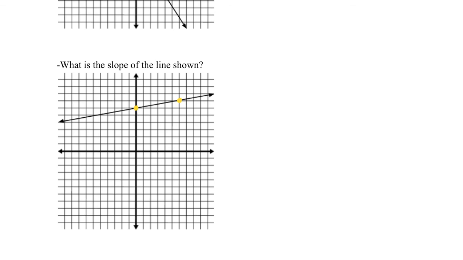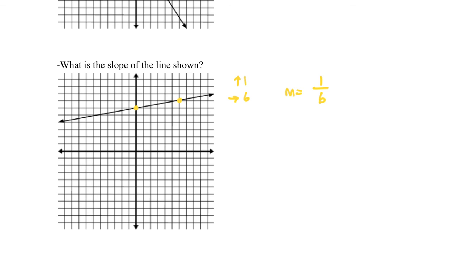So I have to go up 1, and then to the right, 1, 2, 3, 4, 5, 6. So I have to go to the right 6. So if I put that in a slope, up is positive and right is positive. So that's 1/6. Now that can't be reduced. So that's as far as I would go with that.